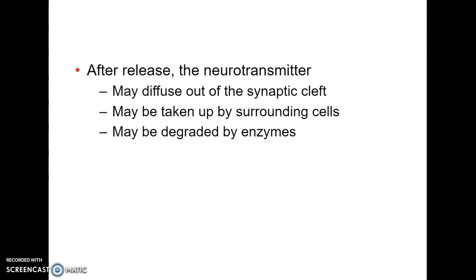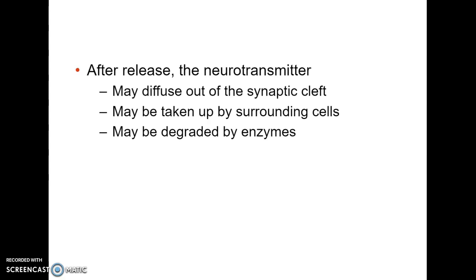At the end of neurotransmission, there are one of three ways that we end it. We could have the neurotransmitter just diffuse out of the synaptic cleft. This is kind of slower and so isn't nearly as effective as we would need it to be.